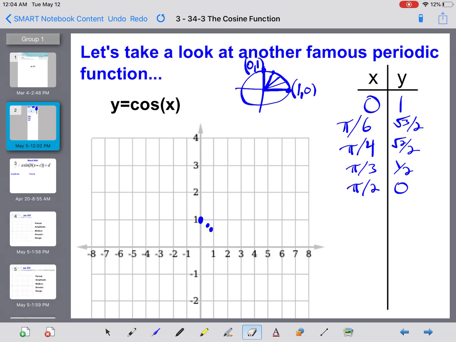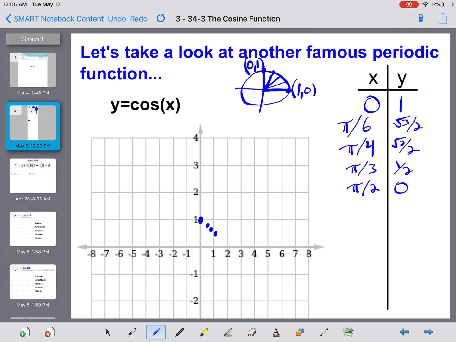Okay. Next, pi over 3. Pi divided by 3 is a little over 1, and then we're at 1/2. So a little over 1 and 1/2 is right about there. So you can see what we're having here. We're having that same curve, that same shape that we saw with our sine curves. Instead of starting down here at the origin, though, the cosine graph is starting up here at 1 because the cosine of angle 0 is 1.